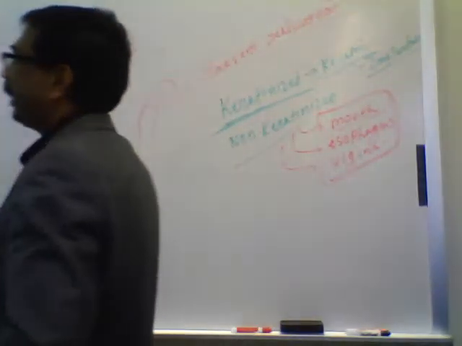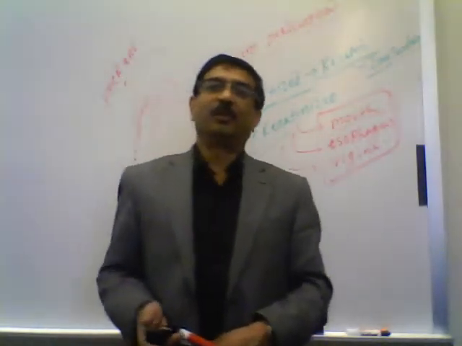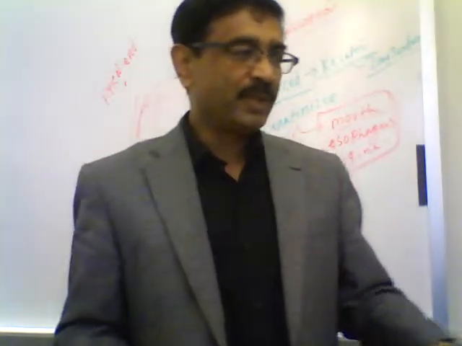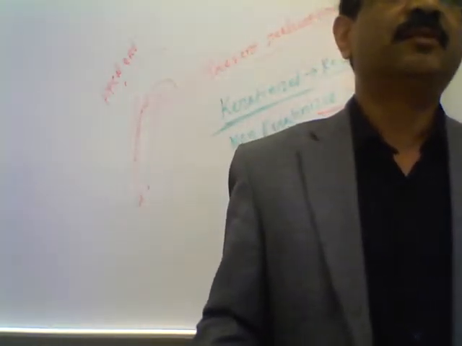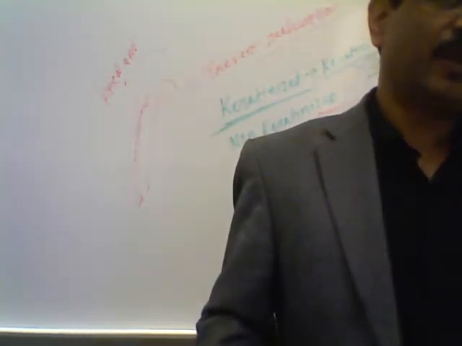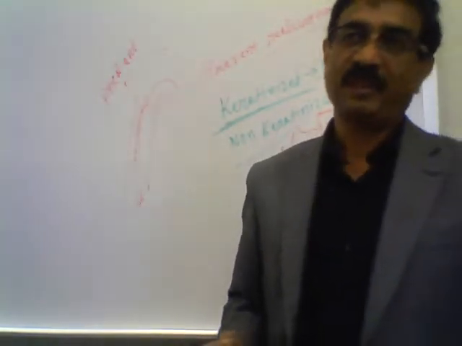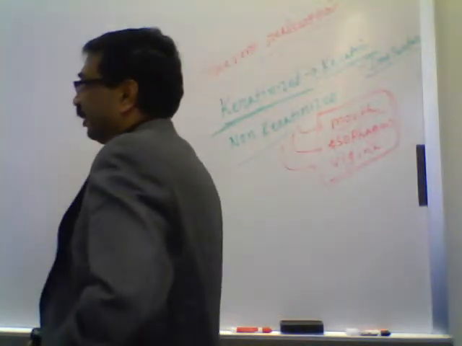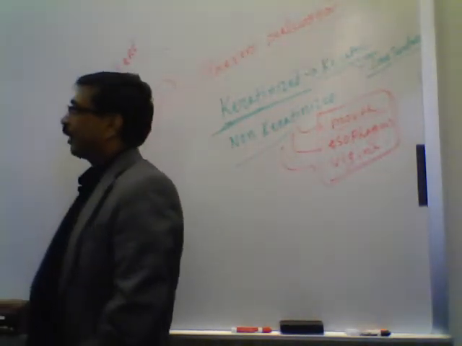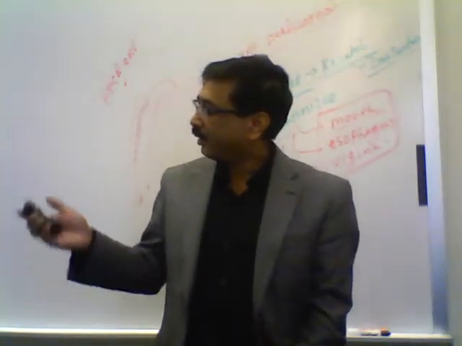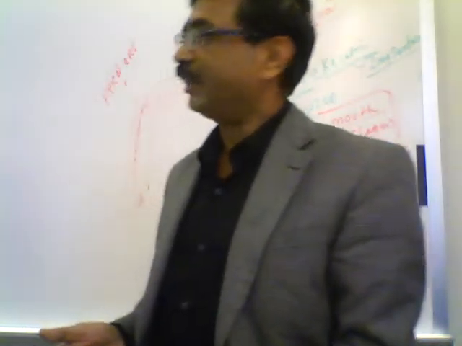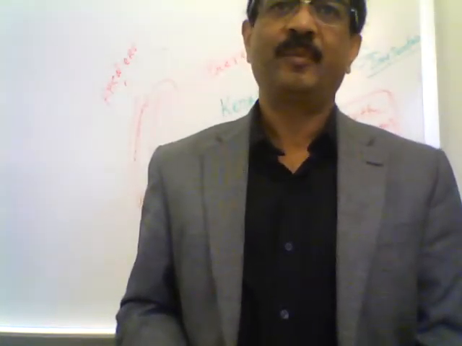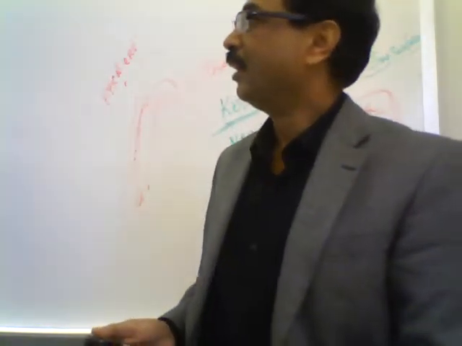Stratified cuboidal and columnar. Those two types of tissues are present in very few structures in our body. They are rarely present. Limited distribution in our body. Just remember the name. Stratified cuboidal is present in the mammary gland, female breast.